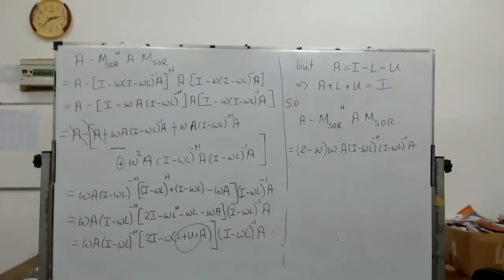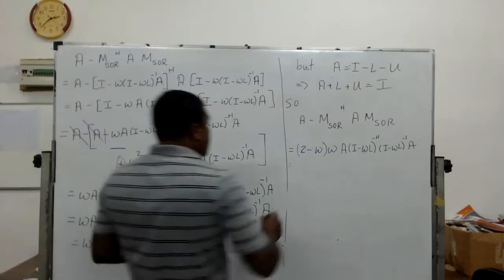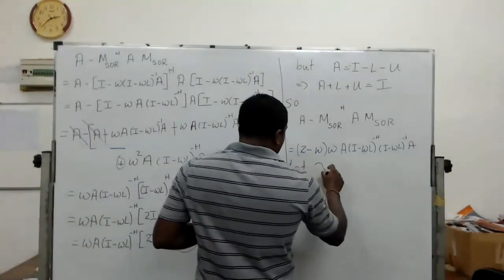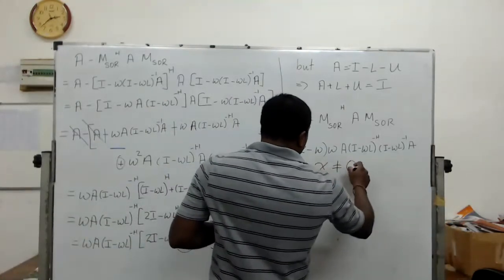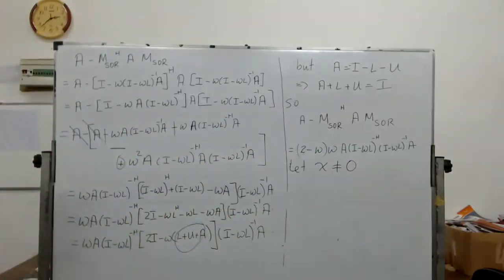So you have to show that this one is positive definite, right? So you take x to be a non-zero vector, right?